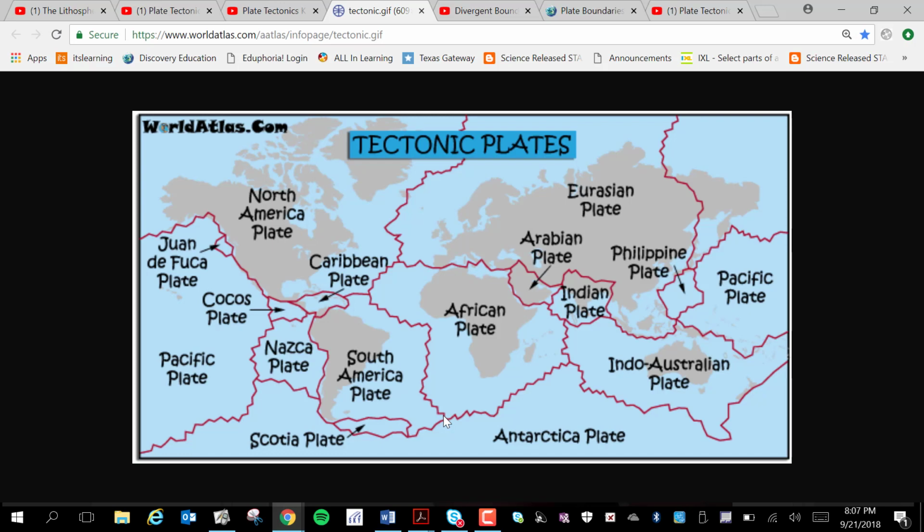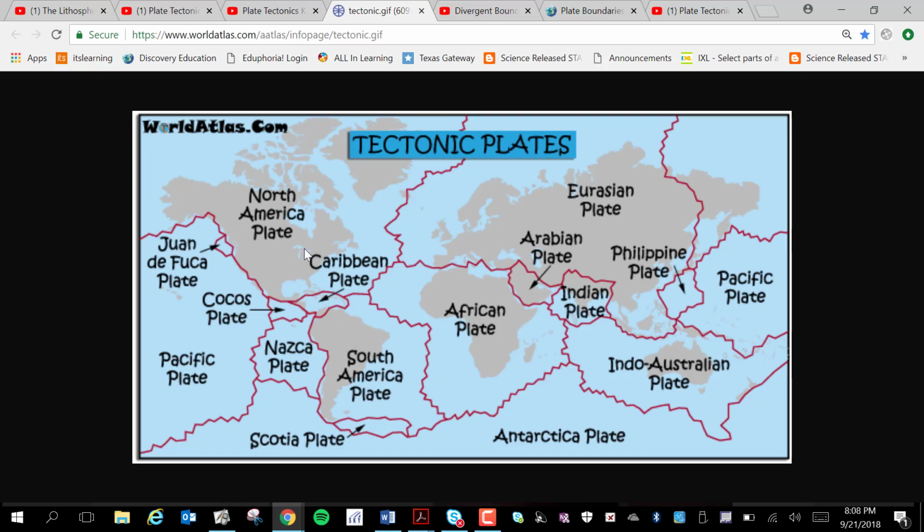Oceanic crust is a very dense material, basalt, and it makes up the ocean floor. Then if you look here in all of the brown areas, these are our continents. And our continents are made up of continental crust. Okay? And continental crust is less dense.